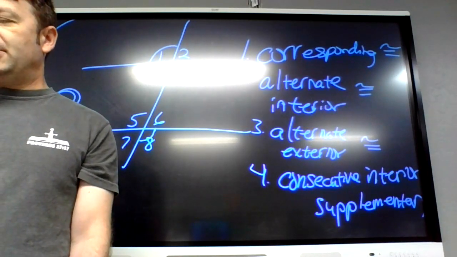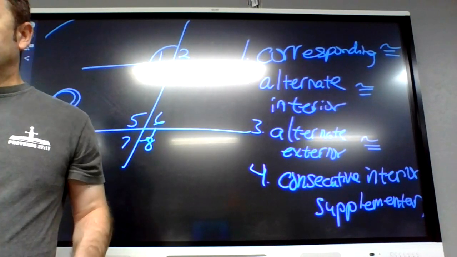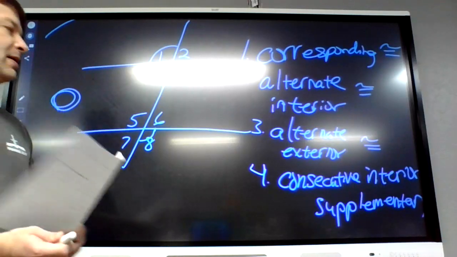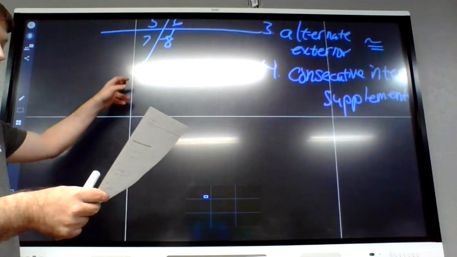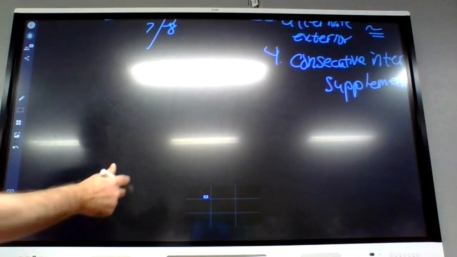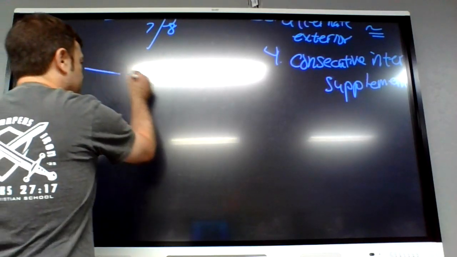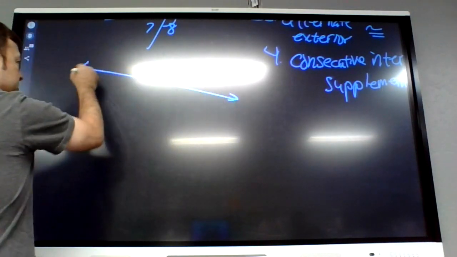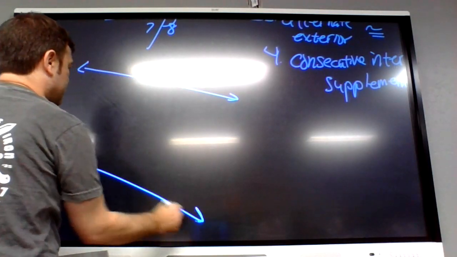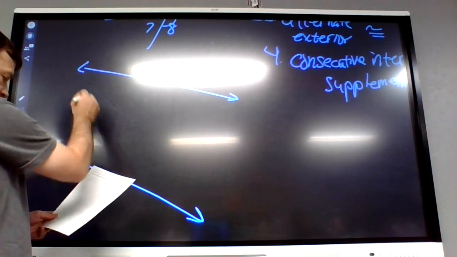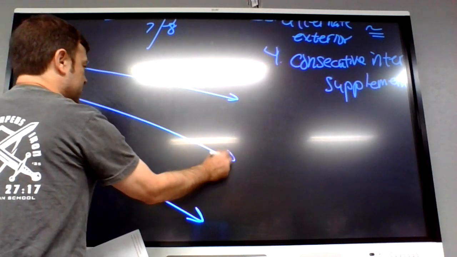Alright, 7 is where they drew a lot of lines that are not actually being used for those 2 angles. So they drew like 3 parallel lines, but there's really only 2 that create the angles. So let's see if I can kind of draw this.